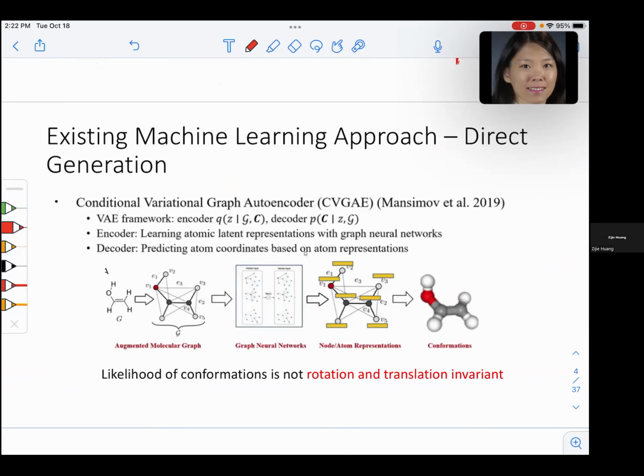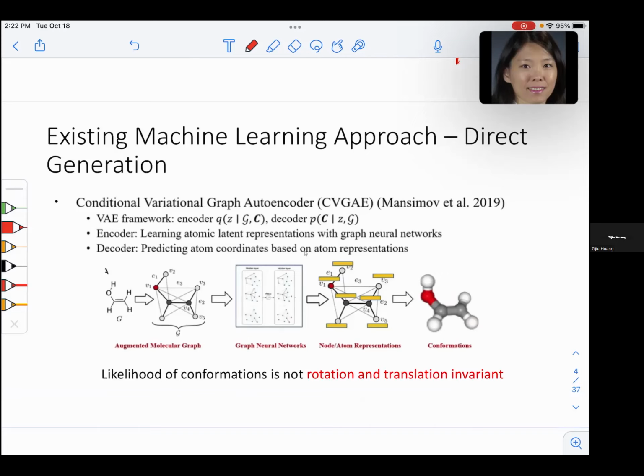The key idea is that they send the 2D molecular graph as input to a GNN to learn the atom latent representations. The whole framework adopts the VAE framework, and the decoder directly predicts atom coordinates based on the atom representations.